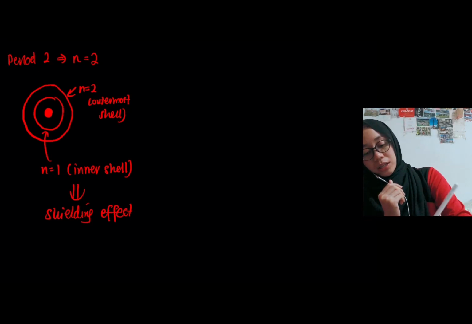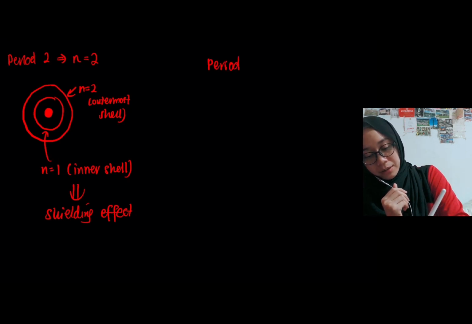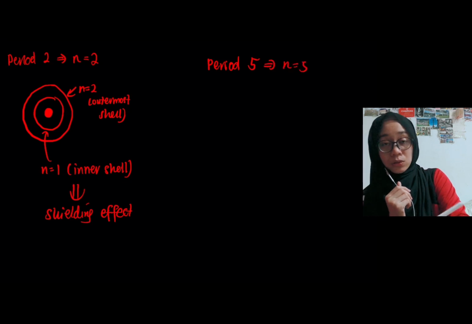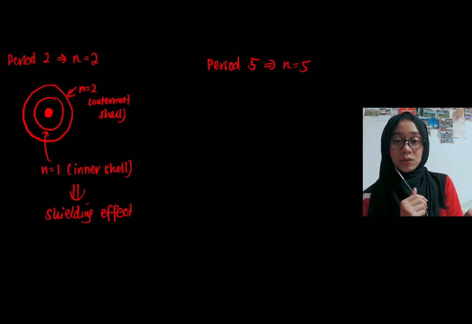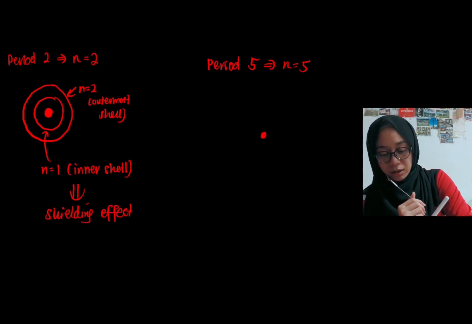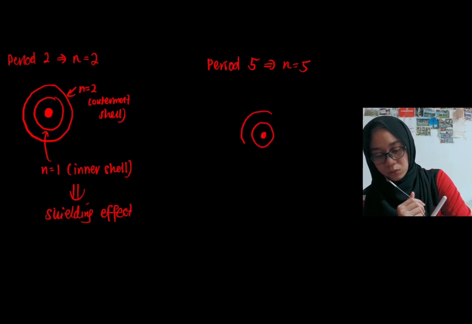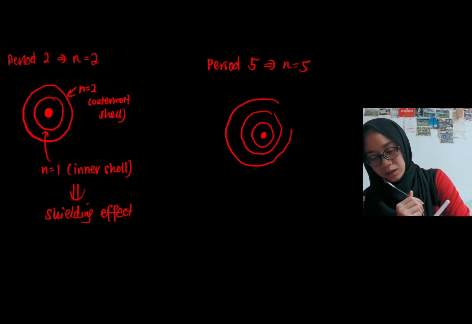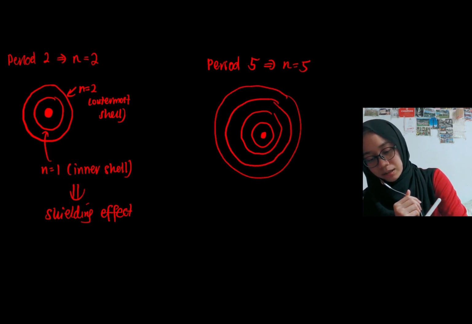Okay, so kalau kita pergi pula kepada atom yang berada di dalam period 5. Okay, period 5 bermaksud n dia adalah equals to 5. So kalau n equals to 5 bermaksud dia ada 5 shell lah. So kalau kita ada elemen yang ada 5 shell, so 1, 2, 3, 4, 5.